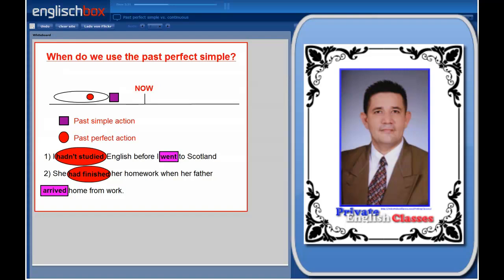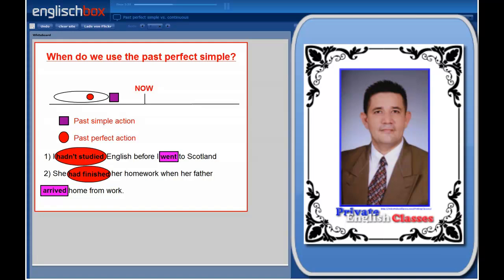We have the past simple action is the purple square, and the past perfect action is the round red circle. So you can see that the past perfect action always happens before the past simple action. So we use the past perfect simple to talk about actions which happened before another action in the past.